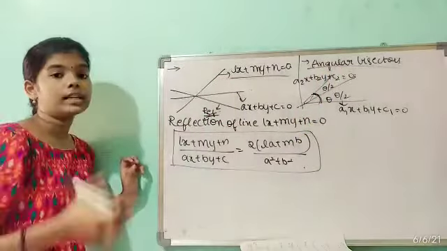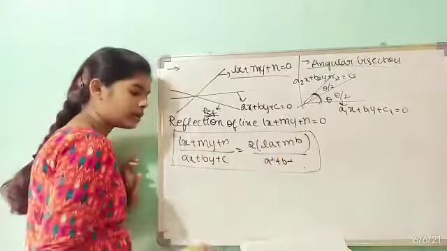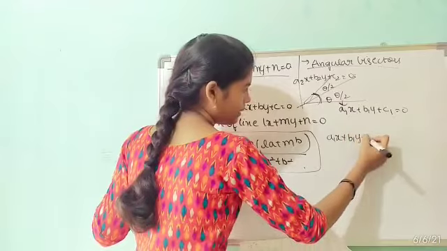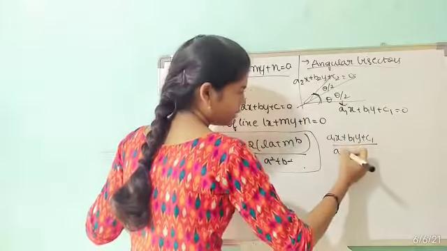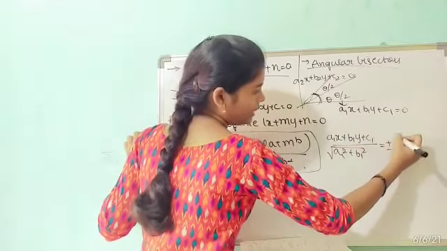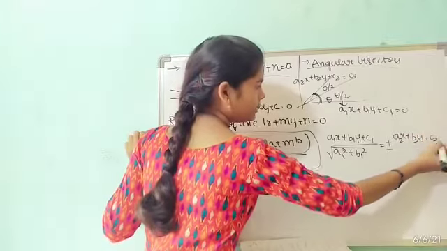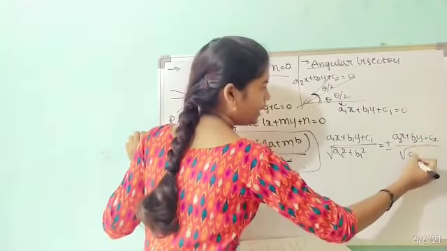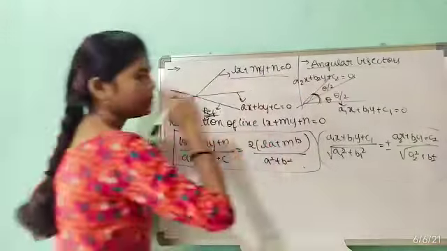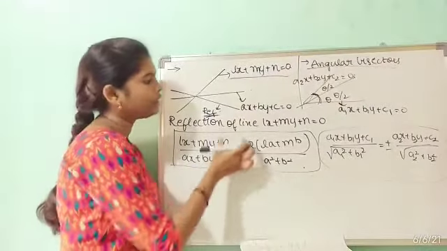To find the angular bisector, the formula is (a1x plus b1y plus c1) by root over (a1 square plus b1 square) equals plus or minus (a2x plus b2y plus c2) by root over (a2 square plus b2 square). This is the formula for the angular bisector, and the earlier one is for the reflection of a line.